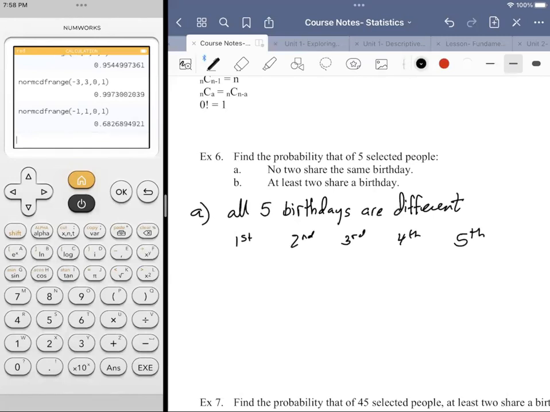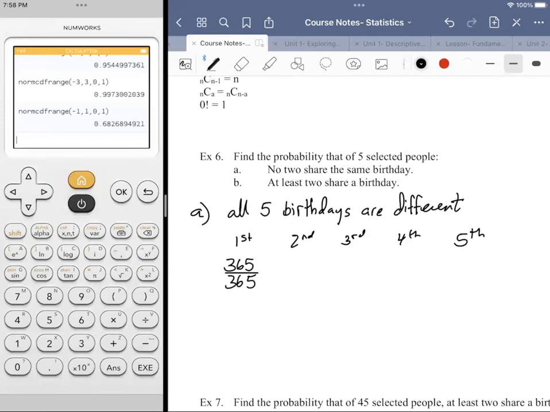The first person could be born any day during the year without any restriction, so it's 365 days available out of 365 days. That covers everything from January 1st to December 31st in a non-leap year. We ignore leap years when we deal with probability, because it just makes things a little too complicated.